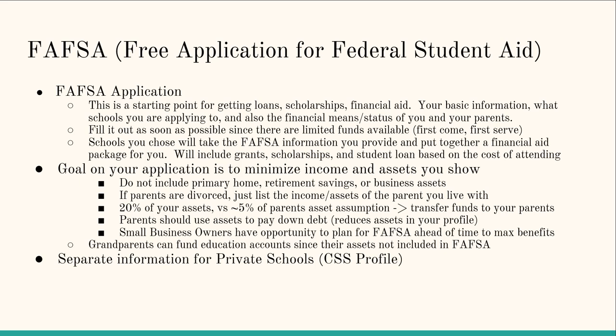Usually, I think that's the common one. Some of the tricks mentioned above are closed by the private schools. For example, the CSS profile requires you to report both of the parents' assets if they're divorced, while the FAFSA does not require that. So the private school is closing some of the loopholes, because they want to have more information when they put together the scholarships and grants that the university is providing, as opposed to the federal grants or scholarships.